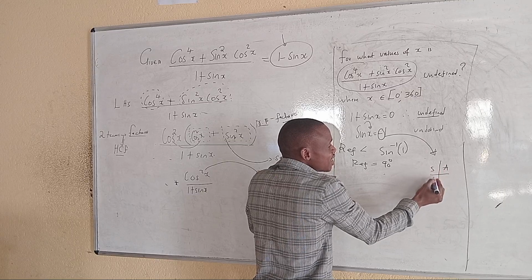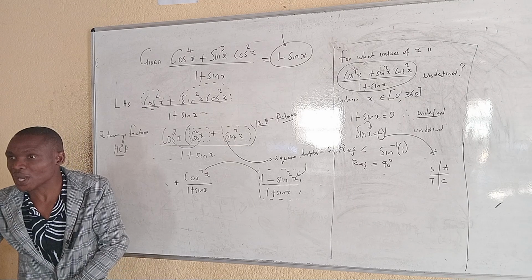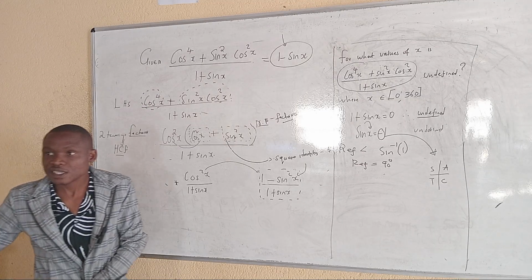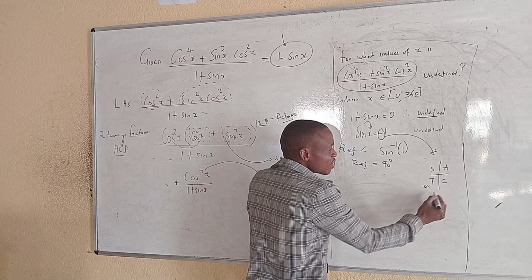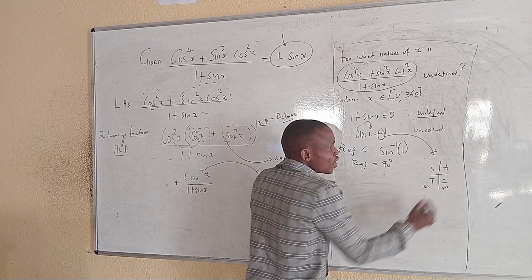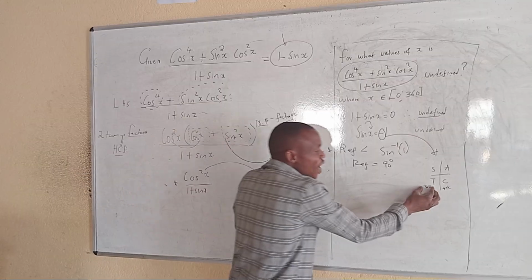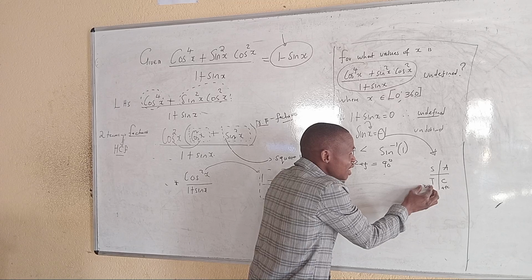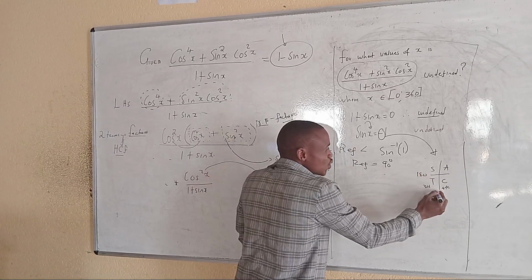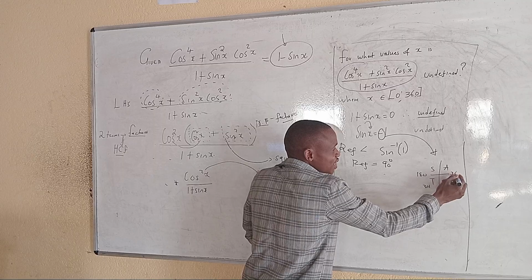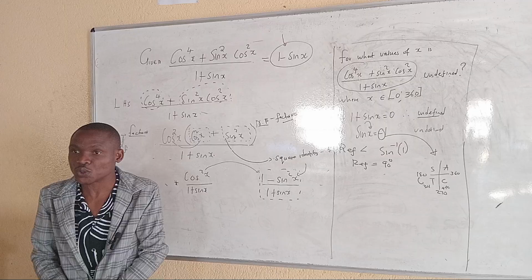All Students Take Calculus. Sine is negative in the third quadrant and the fourth quadrant. So our angles must be in the third and also in the fourth. Let's say 180, 270, 360.